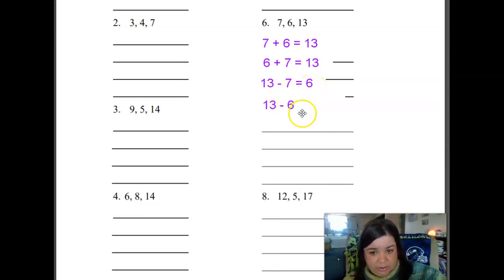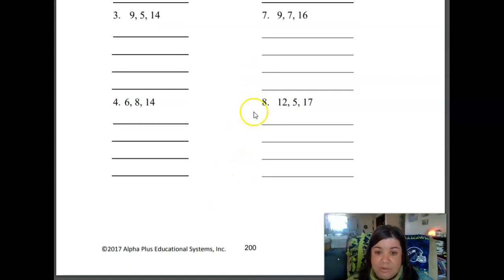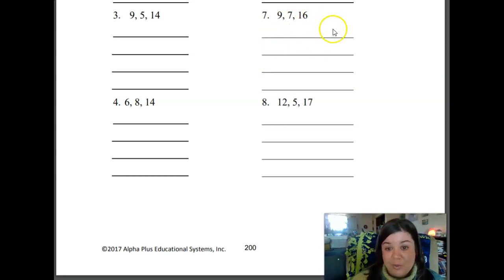And we're only working with 3 numbers, so I don't have a lot of choices to be wrong here. So you should have written down 6 plus 7 equals 13, and 13 minus 6 equals 7. Are those the two that you wrote down that you did on your own? Okay, good. All right, try these ones on your own. 9, 7, and 16. Pause the video right now and work those out.